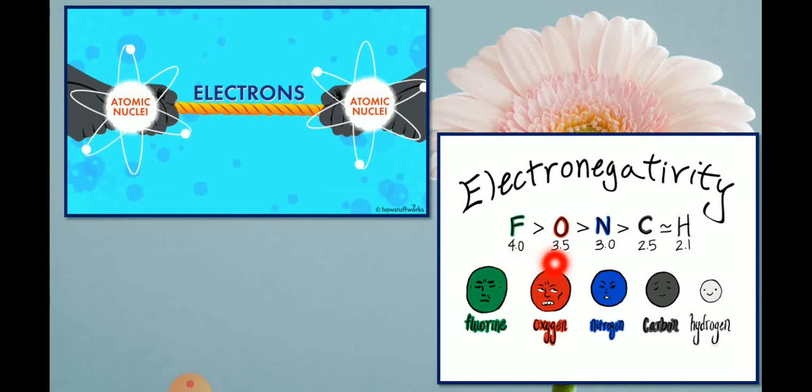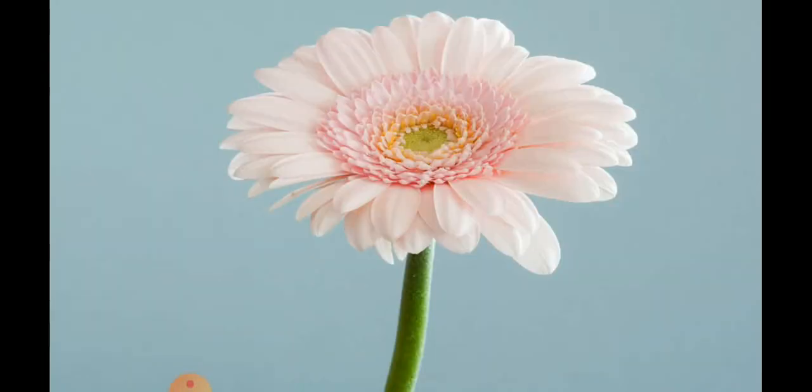The next highest is oxygen with 3.5 on the Pauling scale, and the third is nitrogen with 3.0, and so on.